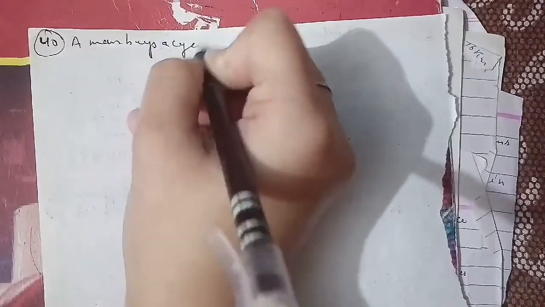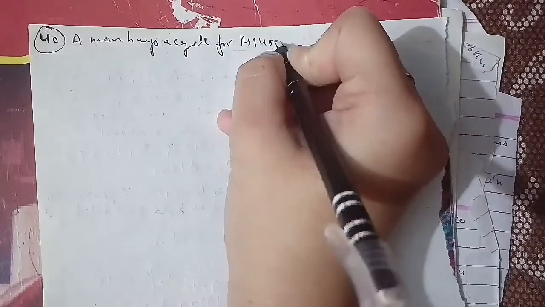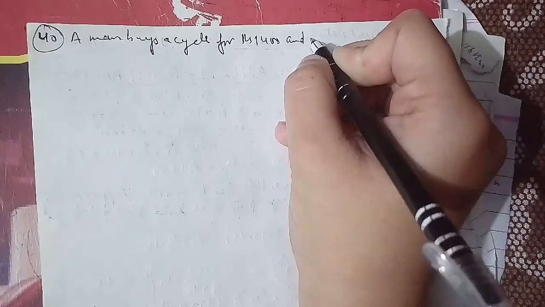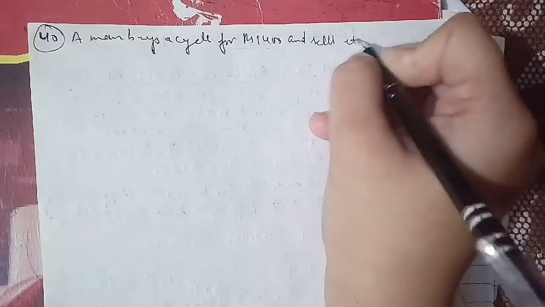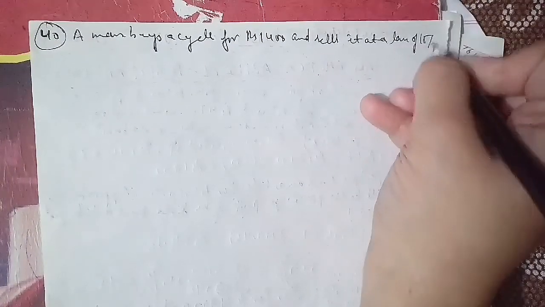A man buys a cycle for rupees 1400 and sells it at a loss of 15%.